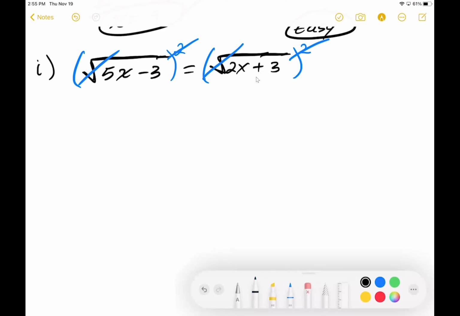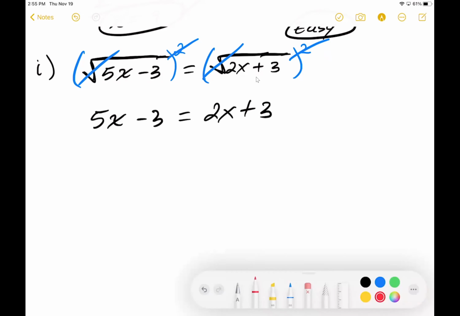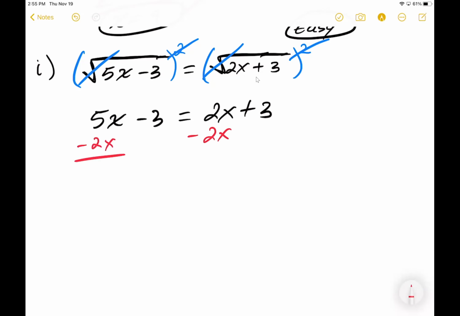Now, your new problem is 5x minus 3 equal to 2x plus 3. And what do we do if we have an x on both sides? Well, do you agree that I need to move my x to one side? This is what I have. The 2x and the minus 2x cancel out.